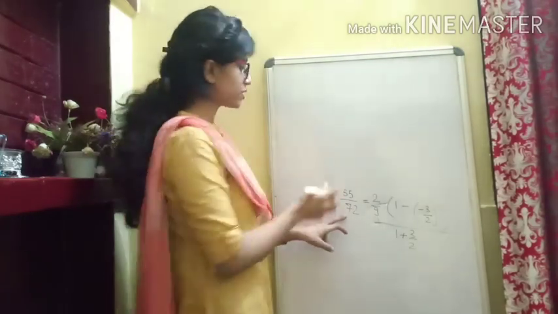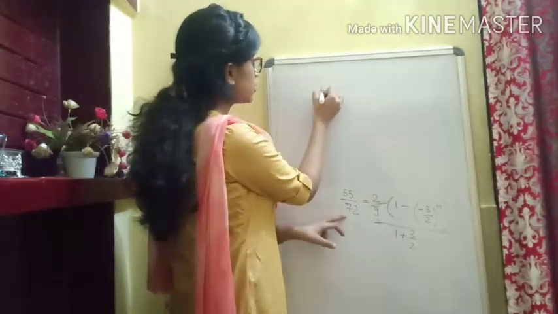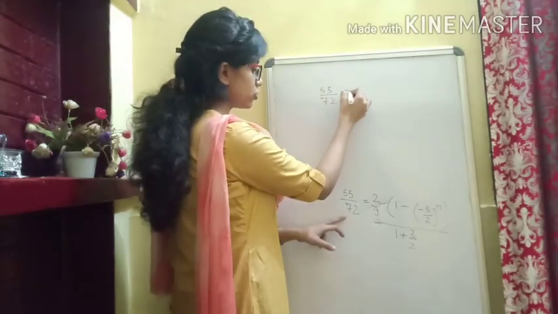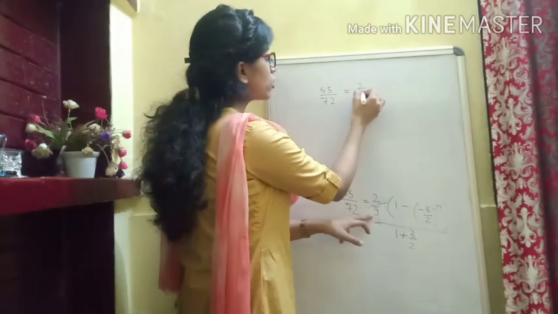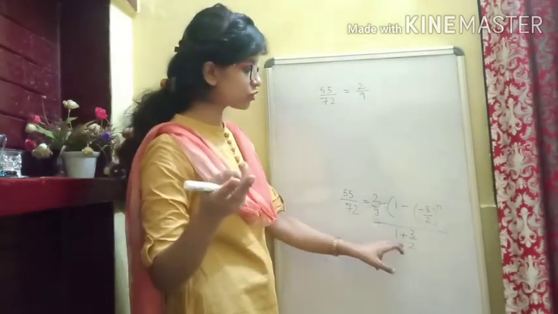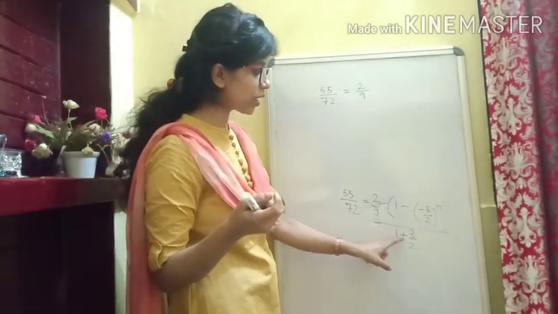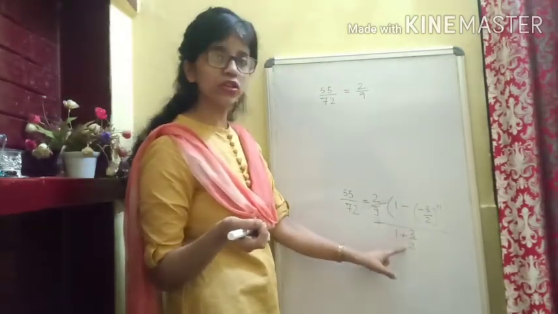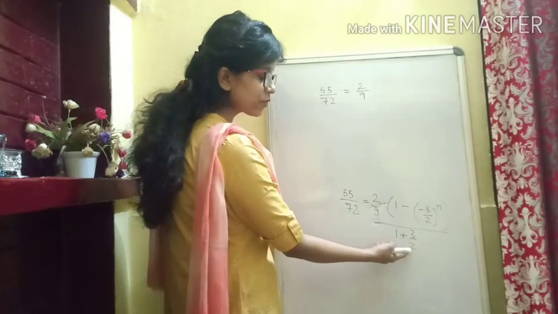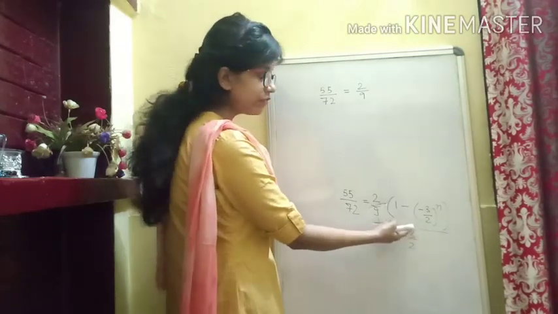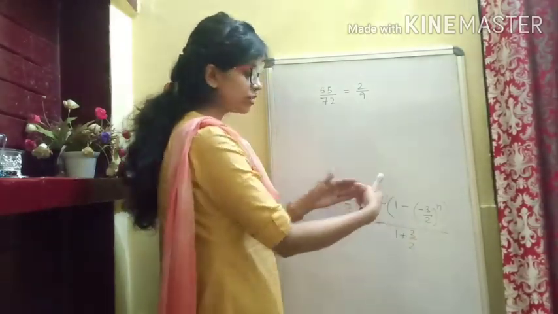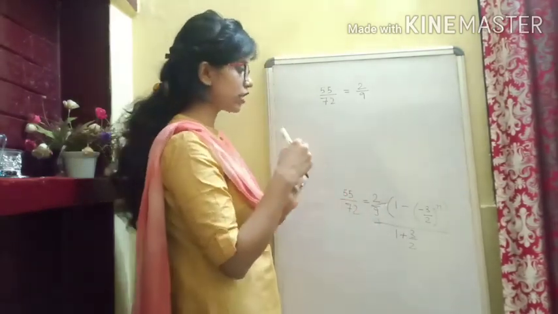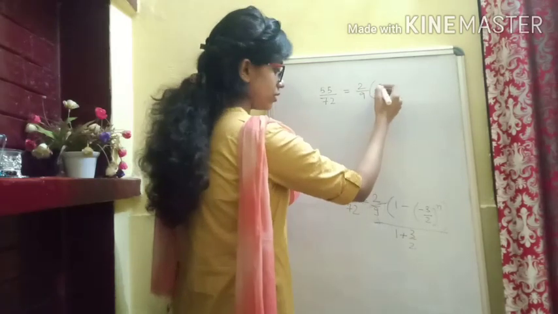So here, on the LHS we have the sum 55 upon 72, equals 2 upon 9. By the way, if I ask you to simplify this denominator, it is 1 plus 3 upon 2. When you add them, taking the LCM, it will give you 2 plus 3, which is 5 upon 2, isn't it? This is in the denominator, and when you reciprocate, it will become 2 upon 5. So that's what I'm going to write here.